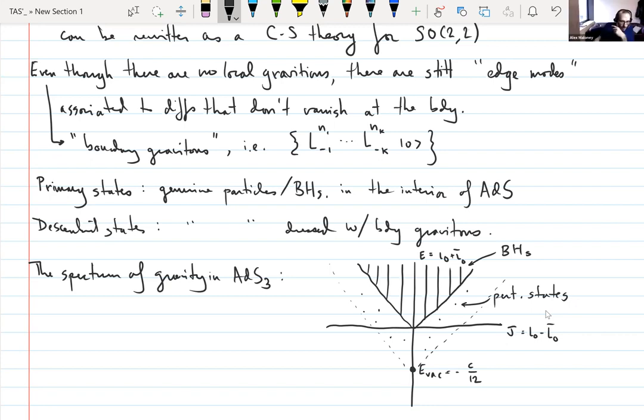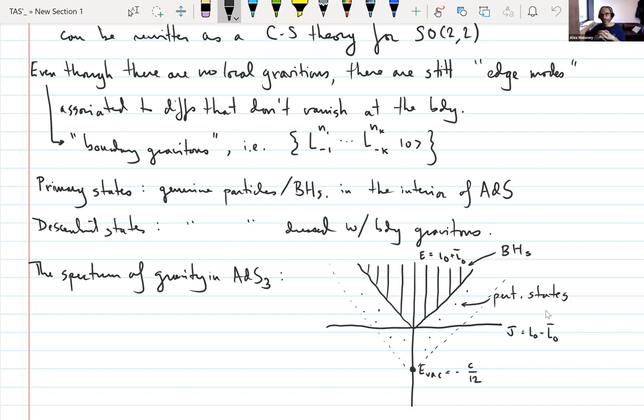Yeah, so for example, if you look in the Brown-Henneaux paper, they discovered that there are in fact another completely consistent set of boundary conditions you could impose that are much stronger. And in particular, with those boundary conditions, there are no asymptotic symmetries, there's no Virasoro symmetry, and in fact, there are no states with mass whatsoever. So these boundary conditions are perfectly consistent, but they're so strong that basically they don't allow you to have a theory with any non-trivial content.